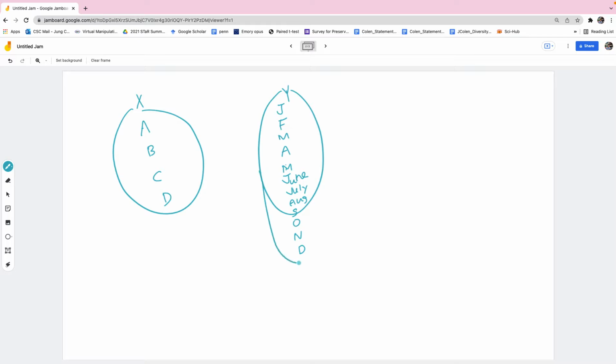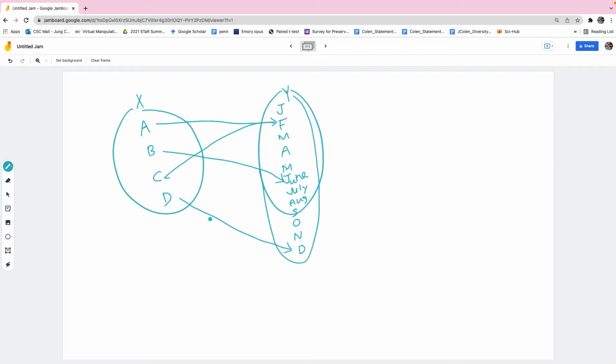All of these are in this Y value. So there's a one-to-one correspondence there. And let's have A's birthday month be February, and student B's birthday is in June, and student C's birthday can be also February, right? And D's birthday, let's say it's December.